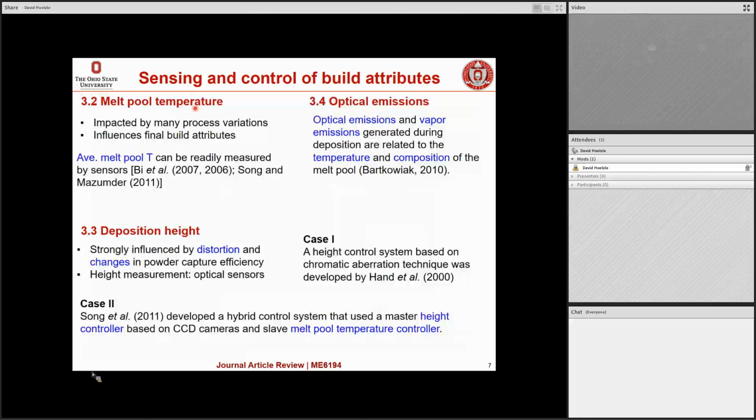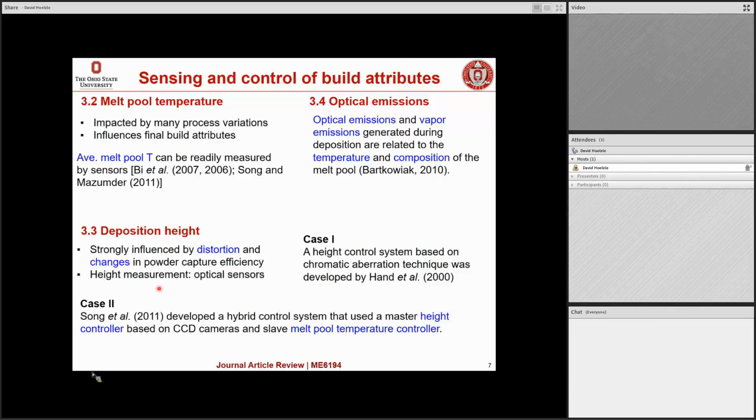There are others. The melt pool temperature can also be helpful. Usually, the average melt pool temperature can be readily measured by the sensor. The build height, which is mentioned, is strongly influenced by the distortion and the changes in the powder capture efficiency.